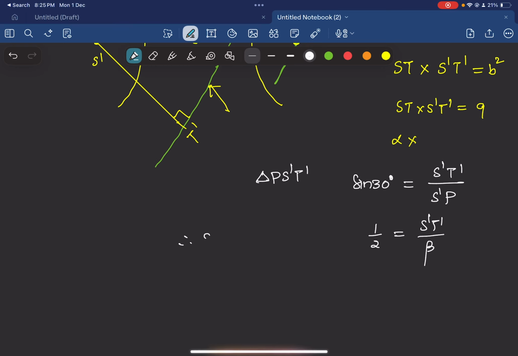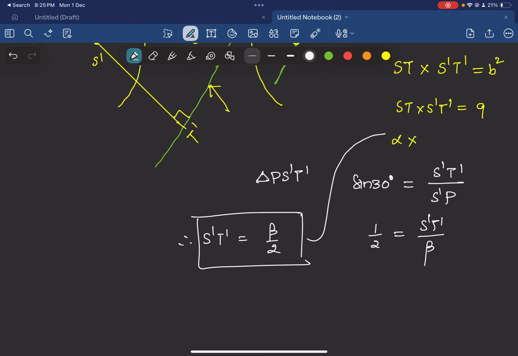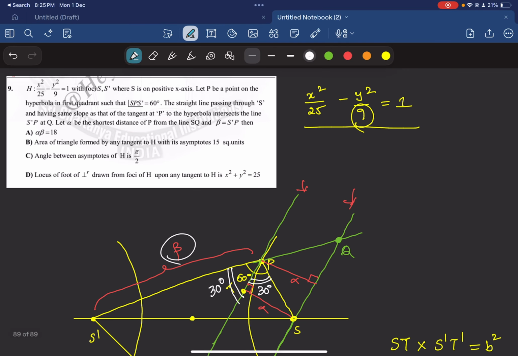So therefore S dash T dash is equal to beta upon 2. Now put this S dash T dash into this equation. So this is beta by 2. From that you will get alpha beta is equal to 18. All right, I hope I am clear. So option A is correct.